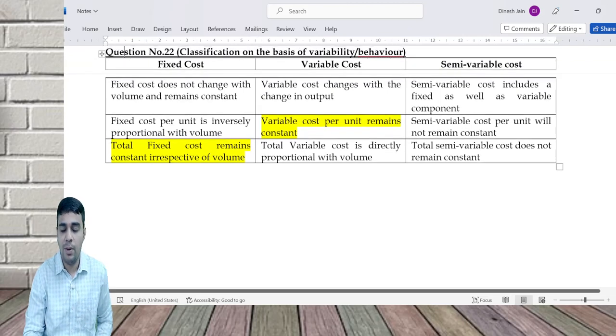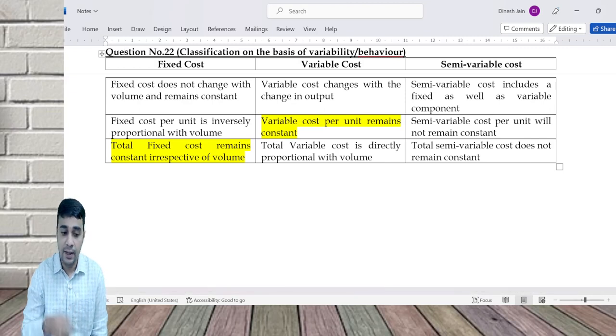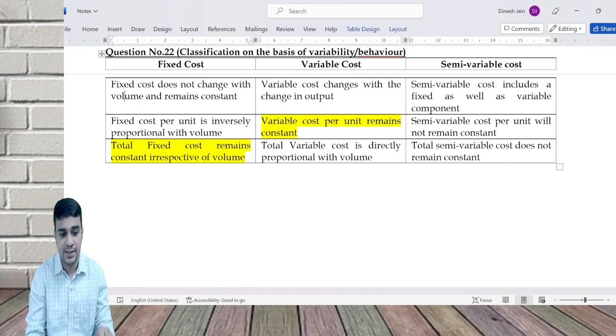So a problem will say that there's an increase in cost of 5% or 10%. If it is a fixed cost, it means this is changing, because what will change is what normally remains constant.